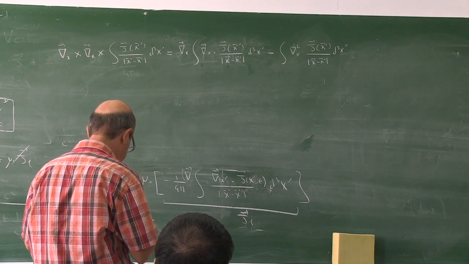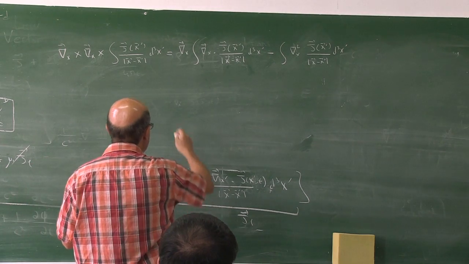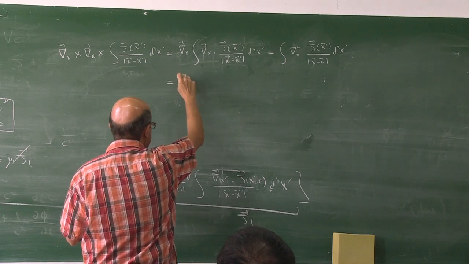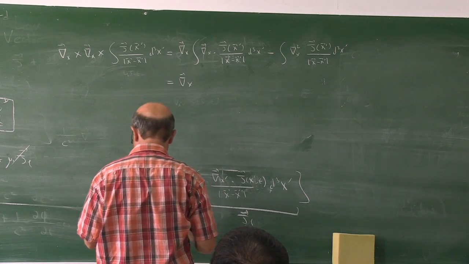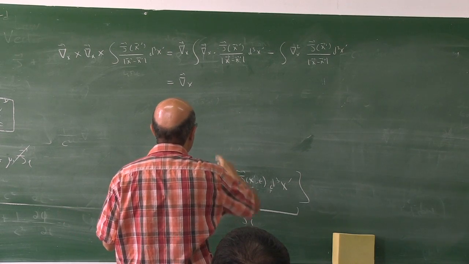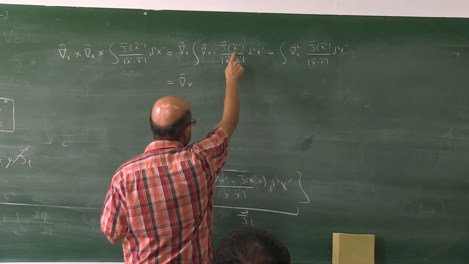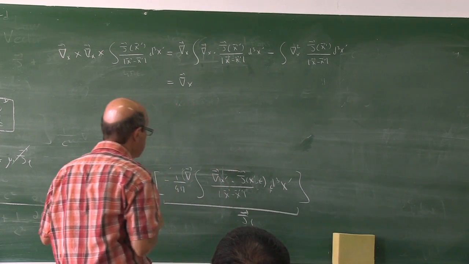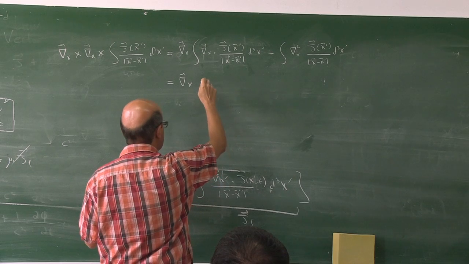What I have at the moment, I have gradient of x. This doesn't see the current density, and that is equal to what?